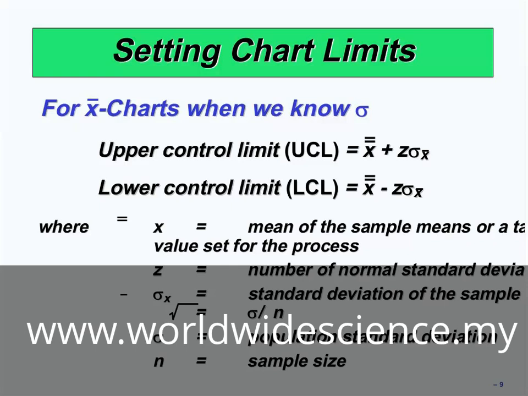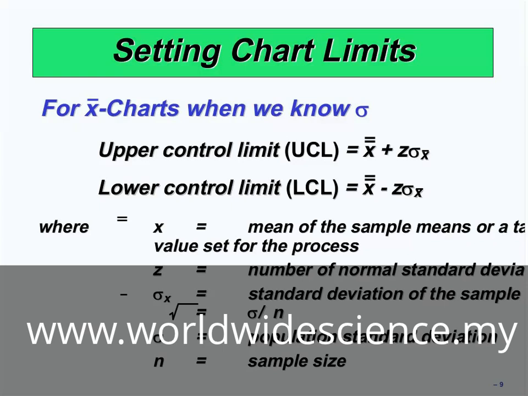X-bar equals the mean of sample means, or a temporary value set for the process. Z is the number of control standard deviations. Sigma X-bar, the standard deviation of the sample mean, equals sigma divided by the square root of n. But unfortunately, in this slide, it has a little mess.